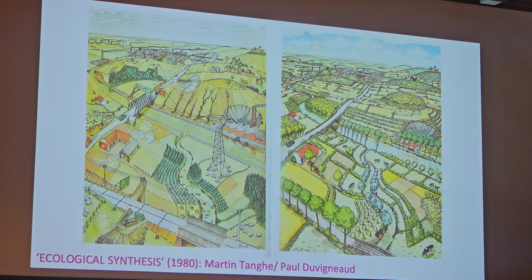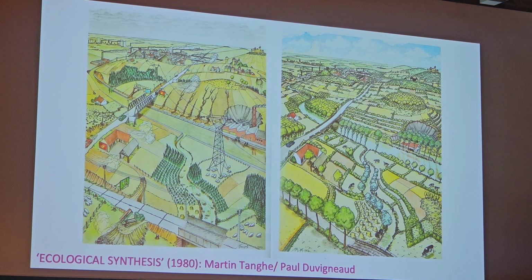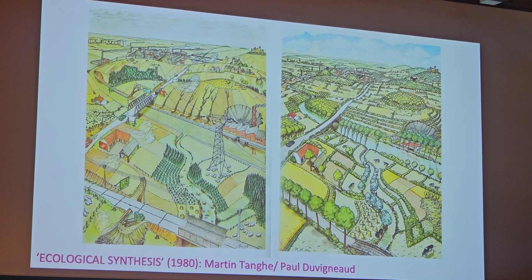It's made in Belgium, by a Belgian ecologist. My name is Paul Lucan, and it's drawn by Martin. It's looking at ways to bring in and how to rethink one system to two.